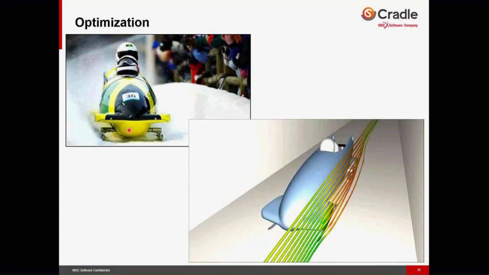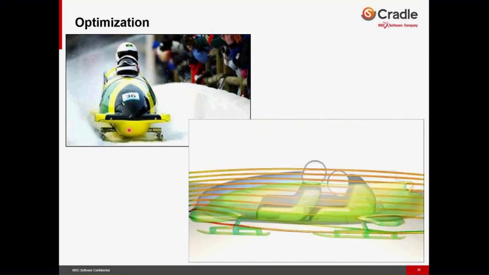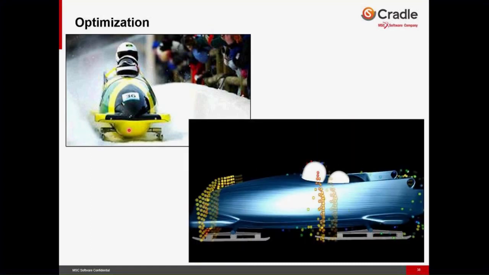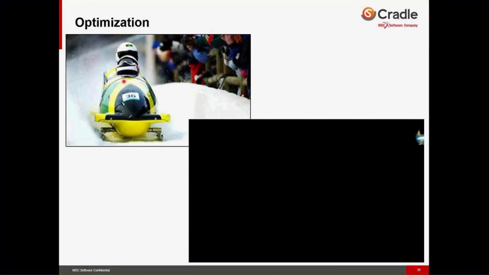And Creado decided to participate in this project to contribute to the aerodynamic design. Oh, by the way, this bobsleigh has a flag. It's a Jamaican flag. The Jamaican national team decided to utilize our design.